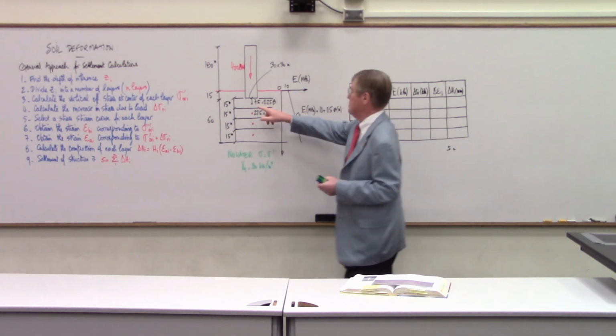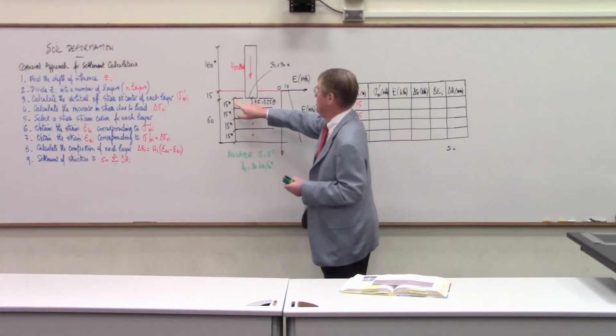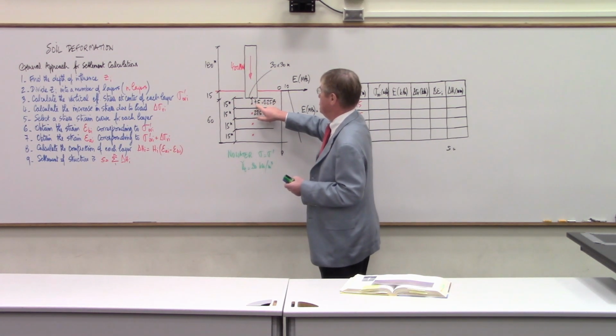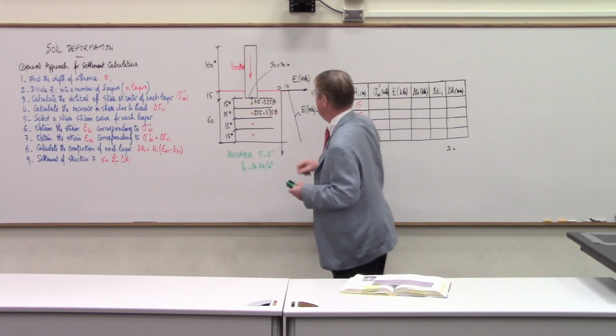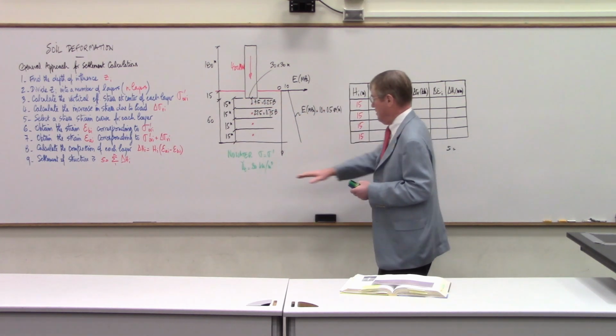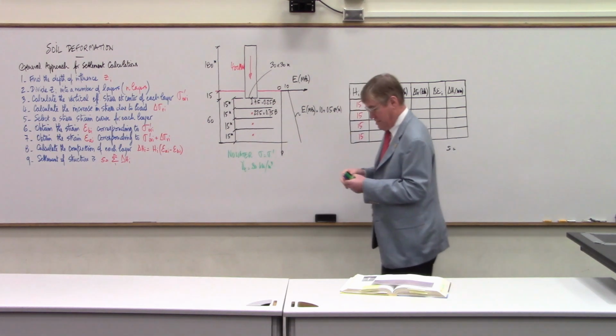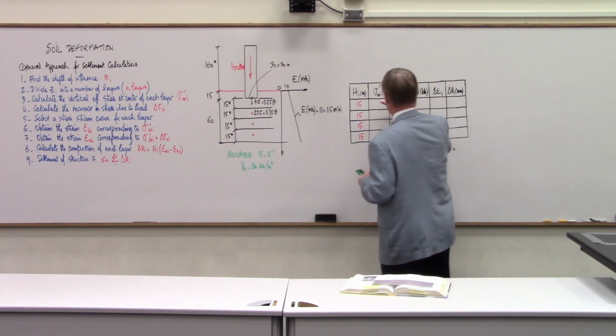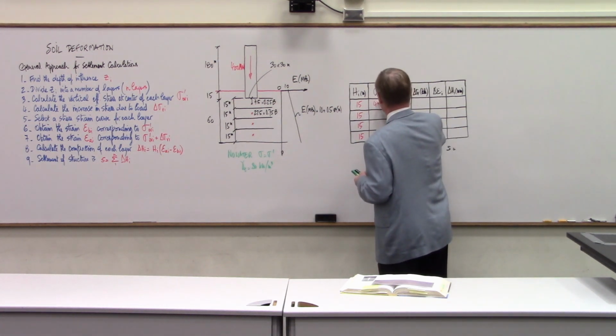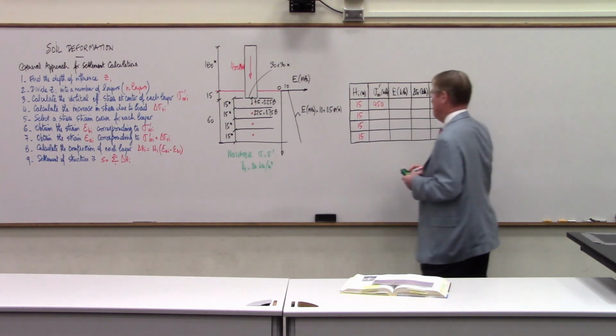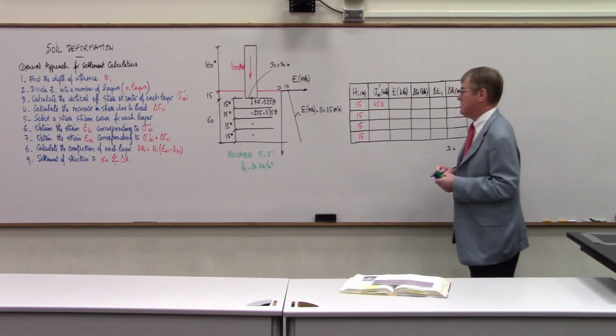So the first depth will be 15 plus half of 15, 7.5, so it's going to be 22.5. 22.5 times 20, that's going to be 450. So the stress in the center of the first layer is going to be 450 kilopascal.